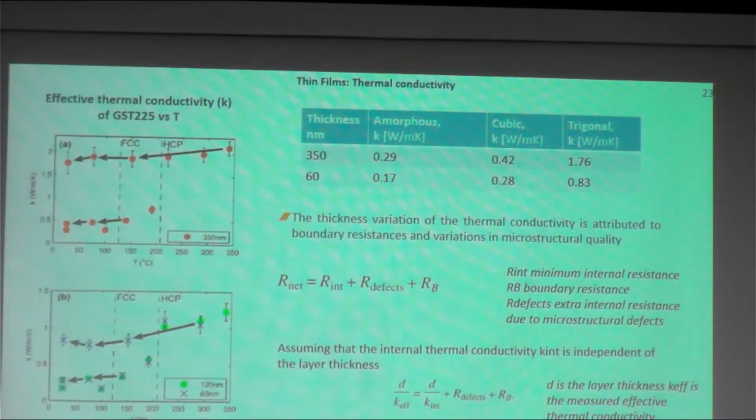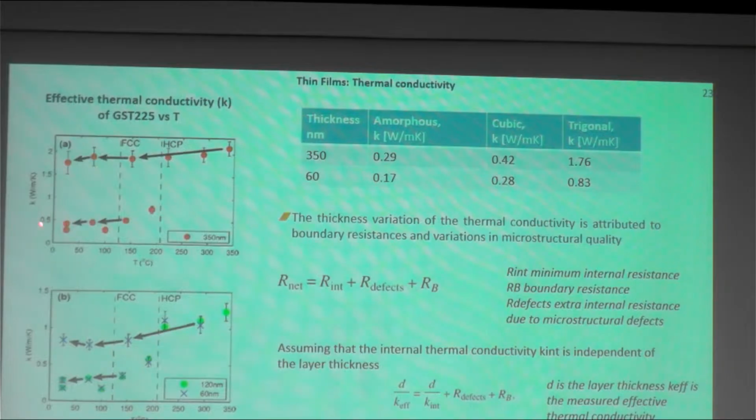So now also some effects of thin film thickness on the thermal conductivity, because it's very important for the thermoelectric applications. And here we see the thick films, and this is the thermal conductivity of cubic and trigonal phase.